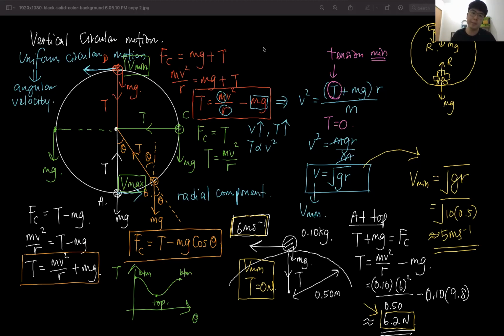Or it could be like crossing a bridge, for example. Like a car crosses a bridge that has a circular path, circular surface. So like this. Where's my mg? Downward. How about my reaction?